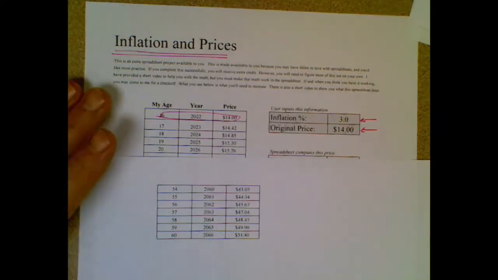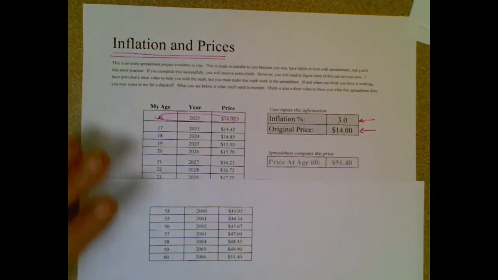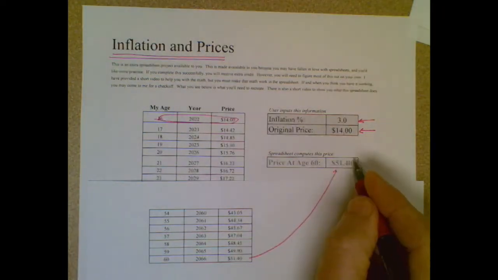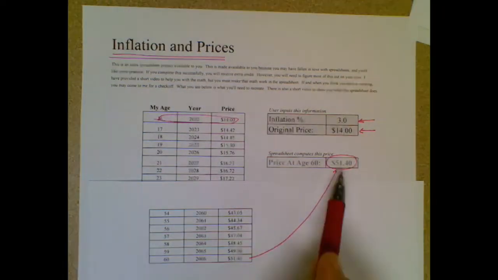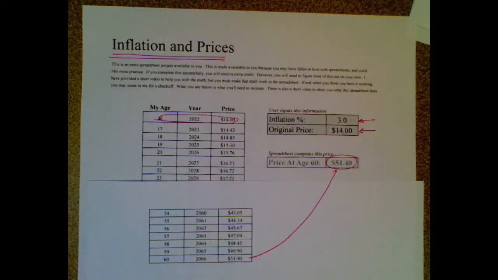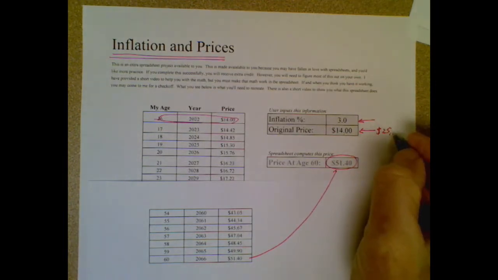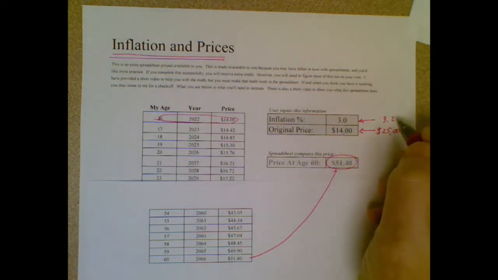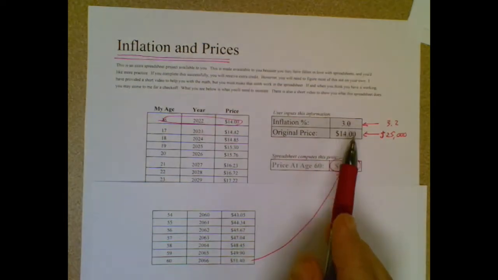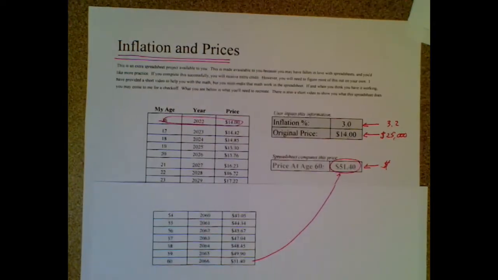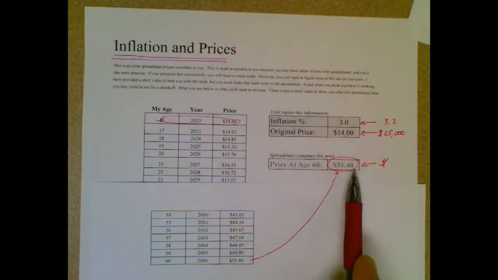That final price, so that the user doesn't have to scroll down through the spreadsheet, will just be connected to that cell. So there'll be a formula in that cell where that final price shows up. So in the end, if we decide, okay, we want to look at a car, and a car costs, say, $25,000, and we think the inflation rate for cars is going to be 3.2%, we'll plug in a 3.2 into here, 25,000 into here, and we're going to get a new price for that car when you're 60 years old.